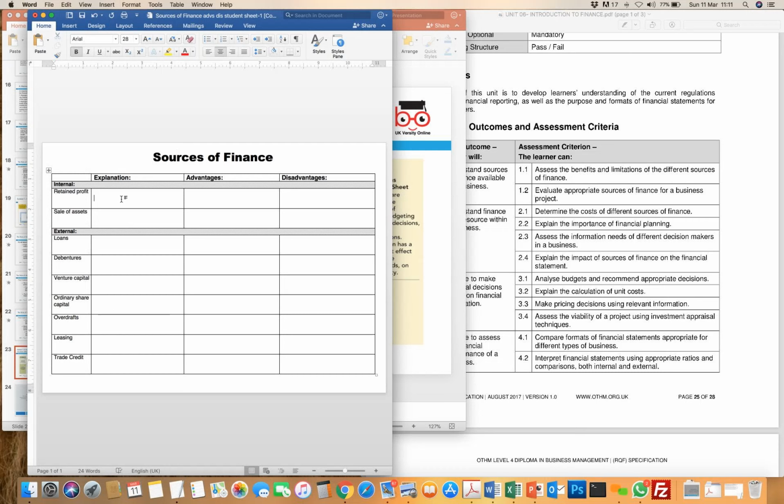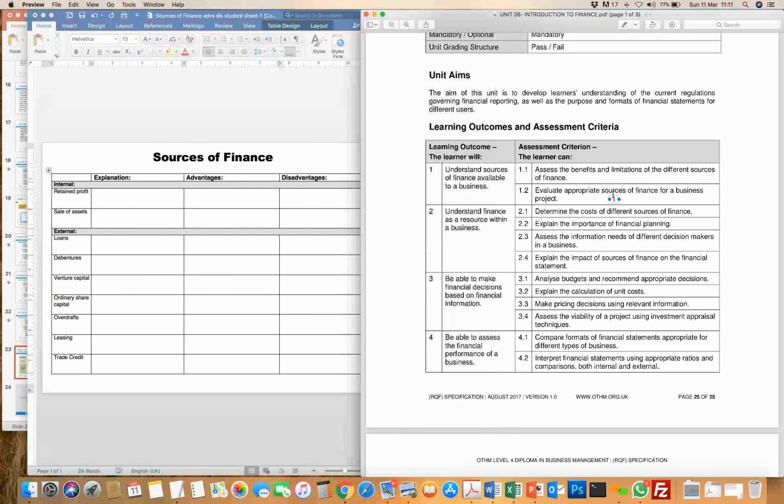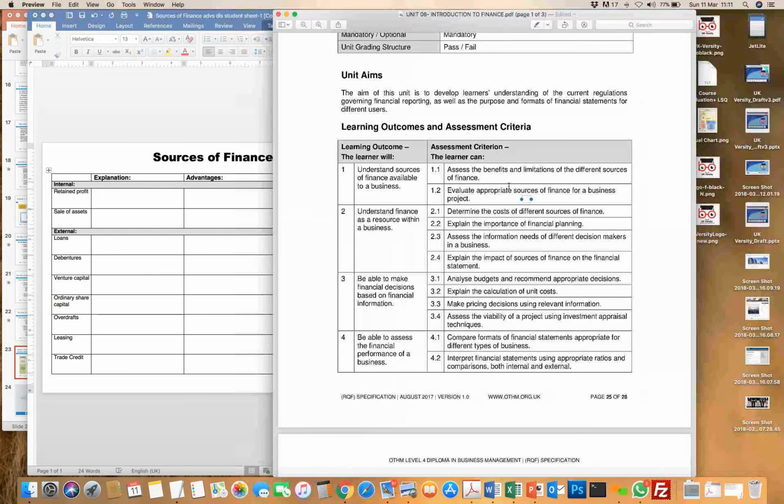You put some small definitions here. What is retained profit? What is the sale of assets? What is the advantage and what is the disadvantage? And this would cover that task up. So I'll send you this as a small exercise. If you complete this, it will directly meet your requirements to understand the sources of finance for task 1.2.